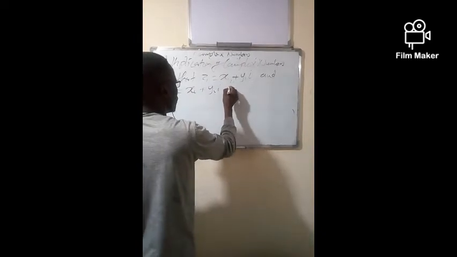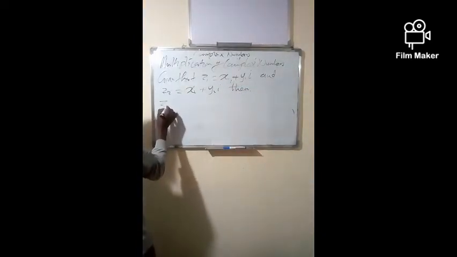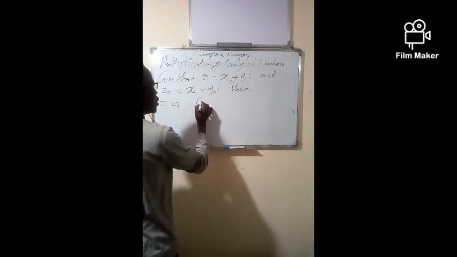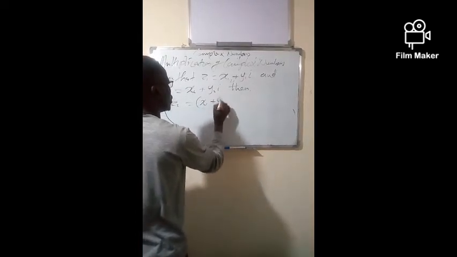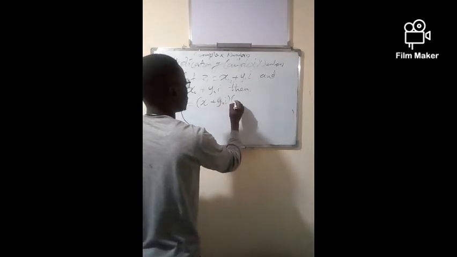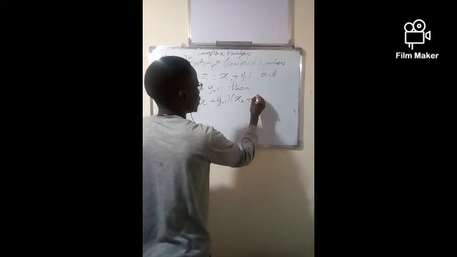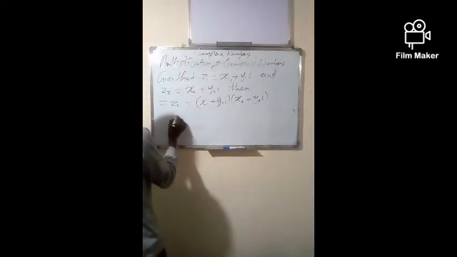Okay, then what are we going to have? We say that z1 multiplied by z2 is going to give us x1 plus y1I multiplied by x2 plus y2I. Okay, so we start expanding there.